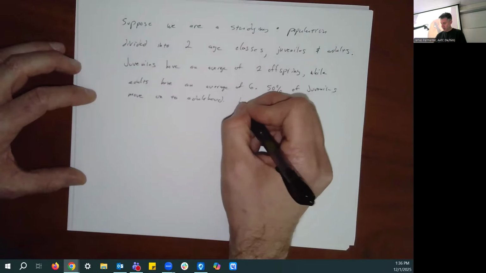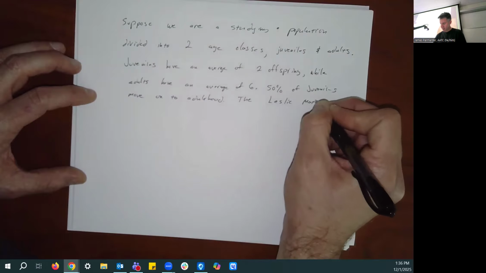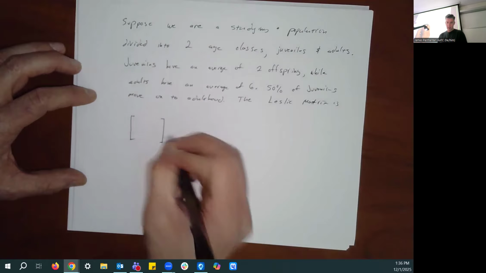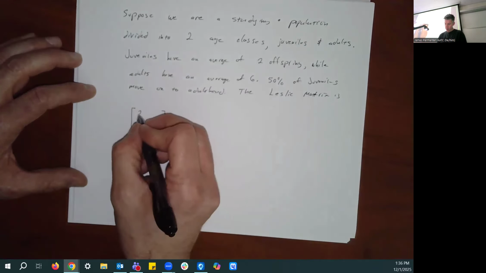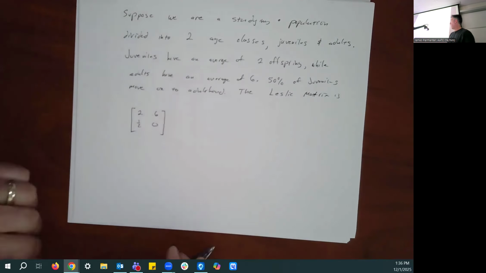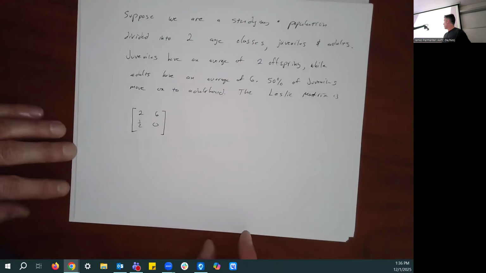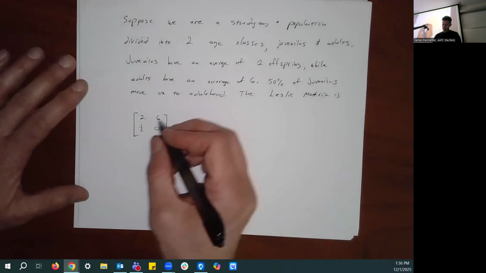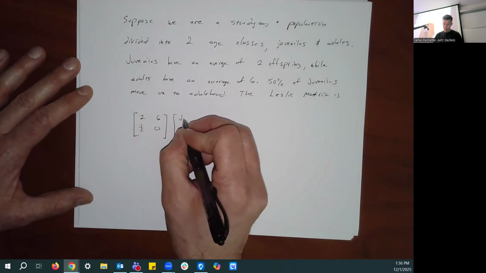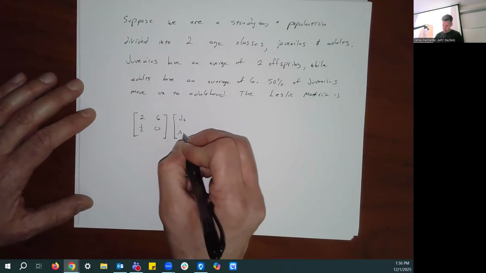Here's the Leslie matrix. It should be a 2 and a 6, and a 1/2 and a 0. And again, I'm not really great at coming up with the Leslie matrix without actually thinking about the multiplication. So what I'm really thinking about is writing down this Leslie matrix times this year's juveniles and this year's adults.